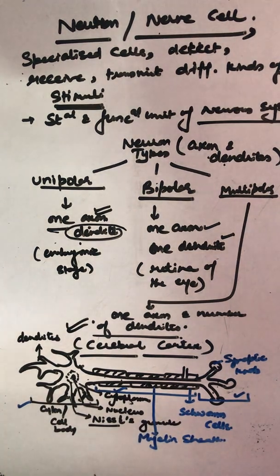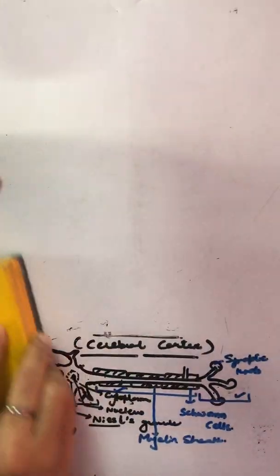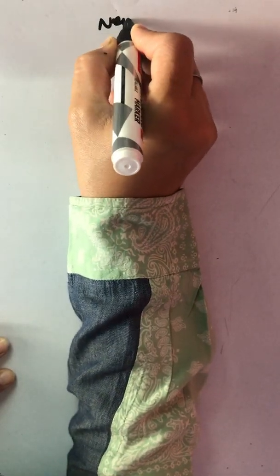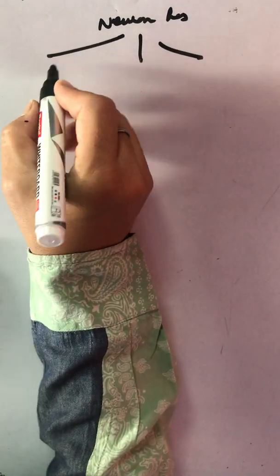Now we will quickly write about it. What is the basic structure of a neuron? We say each neuron has, number one, cell body.